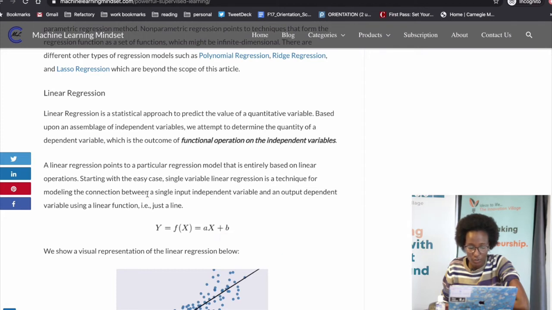You're just trying to see what is the connection between a single input variable and an output variable. So what is the connection between this y and this x?